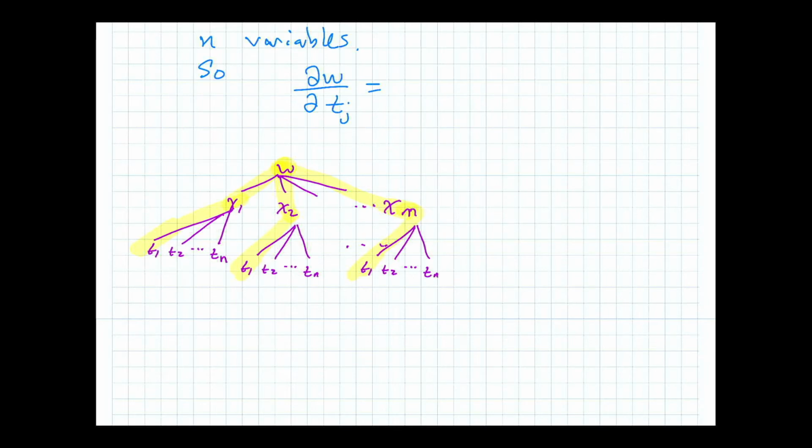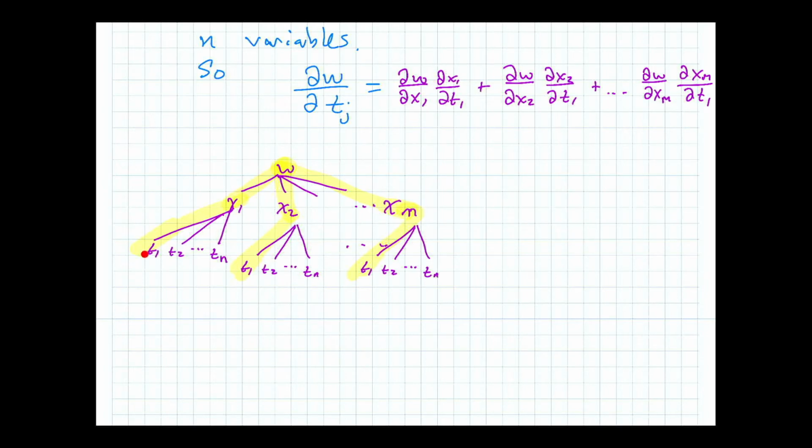The first one that I drew was w to x1, and then x1 to t1. The next one is w to x2, and then x2 to t1. And you just keep doing that down the line until you finally get w to xm, and then xm to t1.